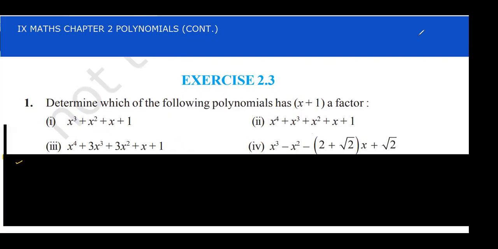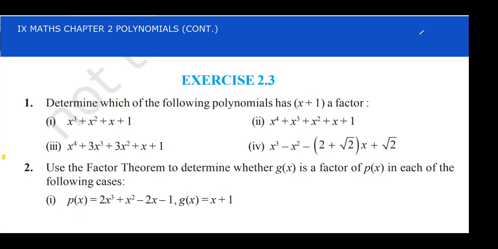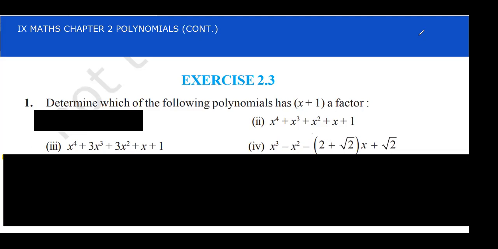So for the question number 1, we write here, we are taking the first part of it.